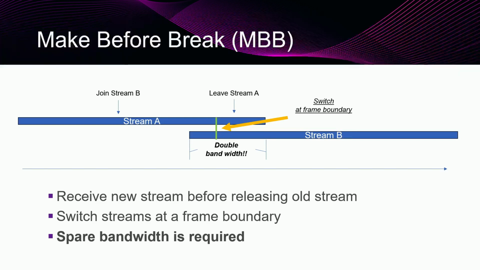After switching, endpoint equipment will send the leave stream A message. Now stream A is gone from the pipe. So that is the kind of process we see in MBB.